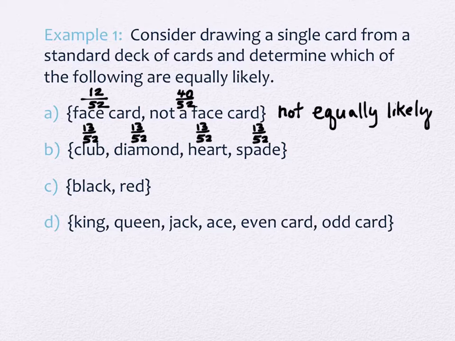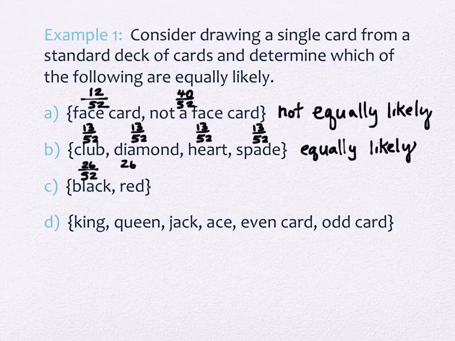Yes. It is equally likely to draw any particular suit. How many black? 26. Good. And out of how many total? 52. How many red? Out of? Are these equally likely? Yes.